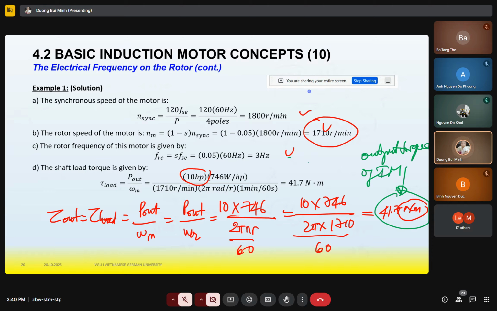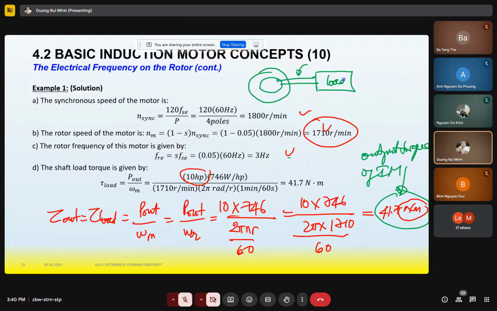Why? Because this is the induction motor. So the shaft of the motor will connect to the load. Maybe here we have some bearing and so on. Anyway, so this is the induction motor.